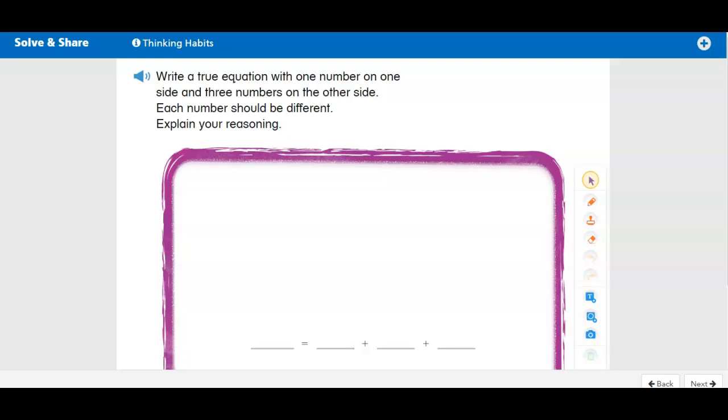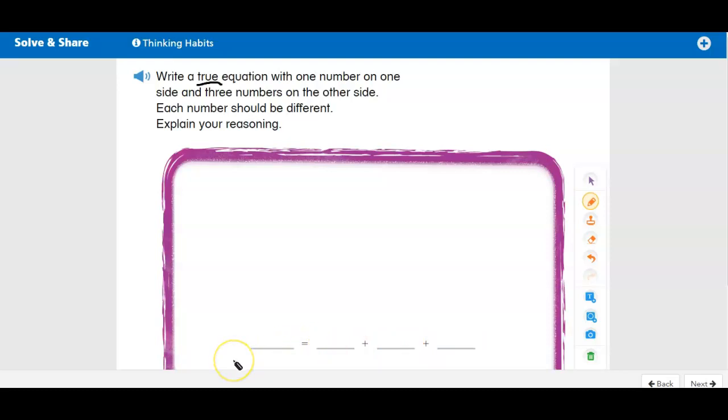Our Solve and Share says, write a true equation with one number on one side and three numbers on the other side. Each number should be different. Explain your reasoning. Now I want you to remember, when we are talking about a true equation, that means that both numbers on each side of the equal sign are the same.